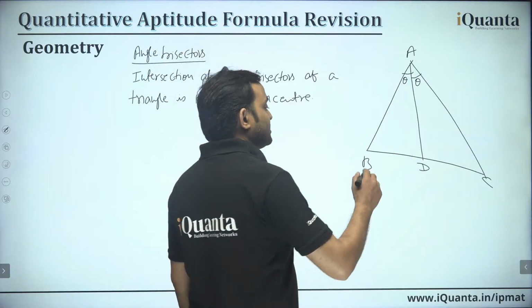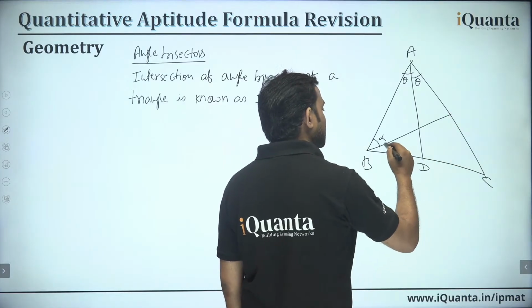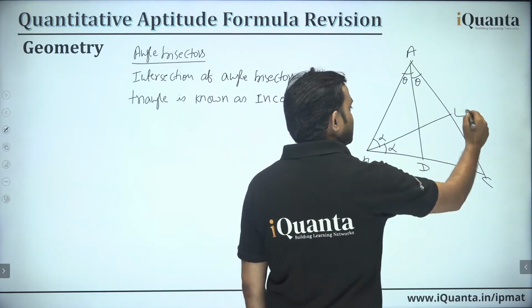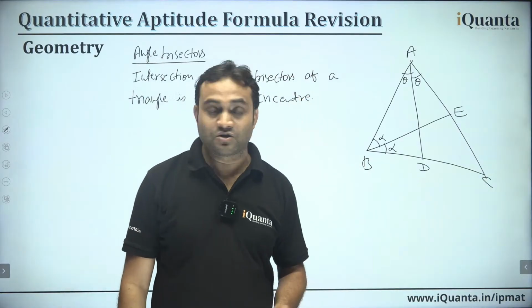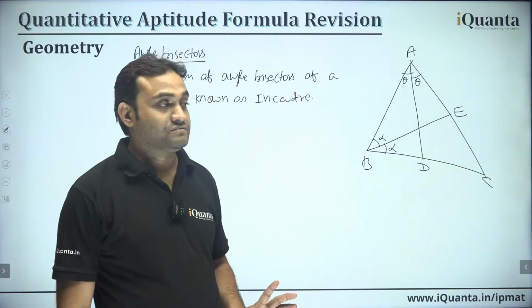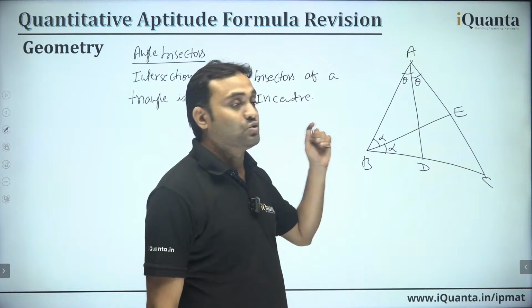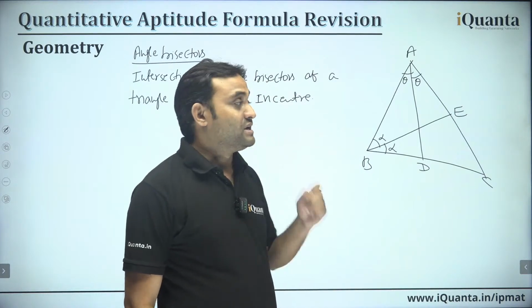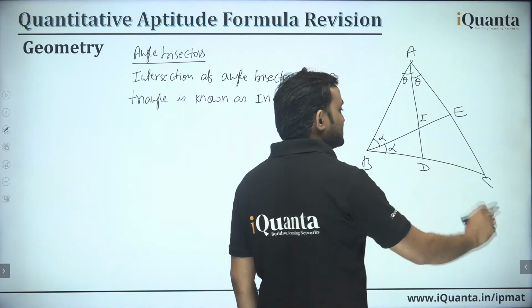Now if we draw another angle bisector of this triangle, like this angle is alpha, this angle is alpha, then BE will also be the angle bisector of this triangle ABC. Now you can see that these two angle bisectors are passing through one point. This intersection point is known as I.